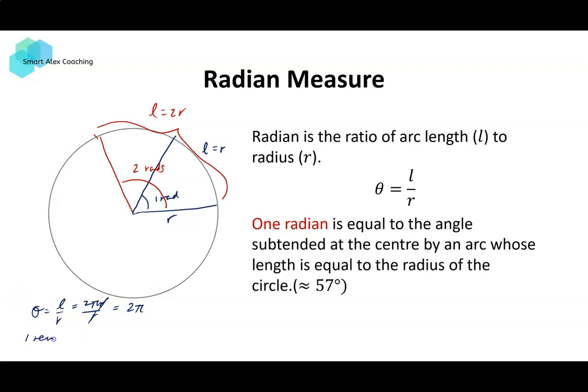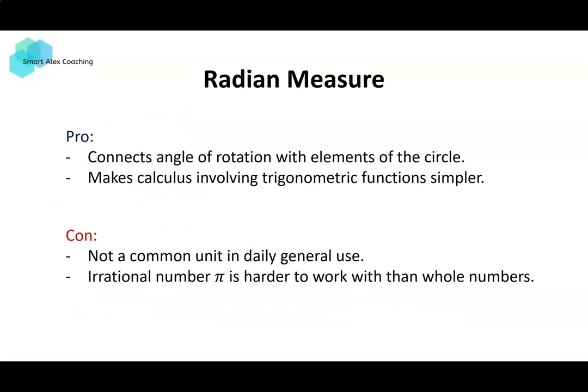So 1 revolution is going to be equal to 2 pi radians, which we know is equal to 360 degrees. If I divide both sides by 2, I'm going to get pi radians is equal to 180 degrees. And that's the connection between the radian unit and the degree unit. Pi radians is equal to 180 degrees.